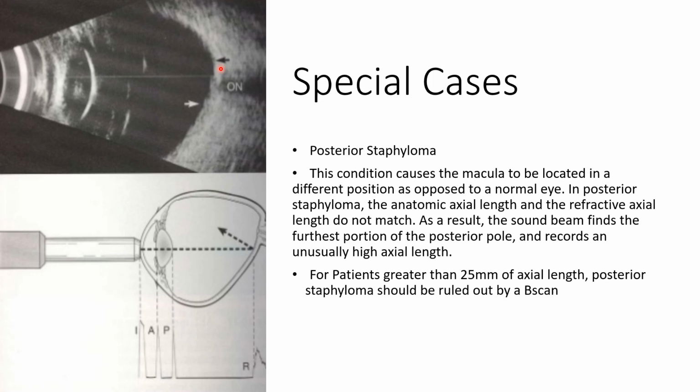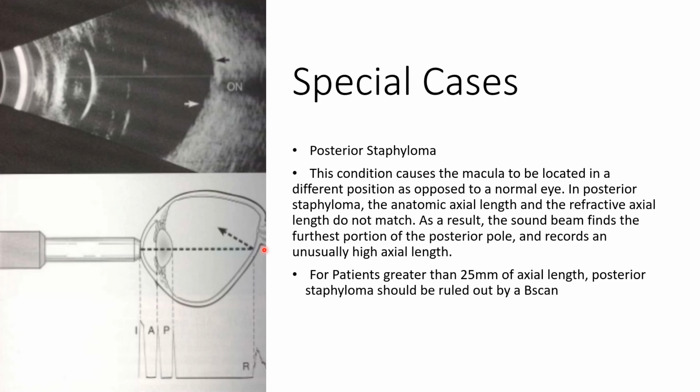In these cases, when you do an applanation A scan or an immersion A scan, you do not know that the patient has a posterior staphyloma, and the probe beam actually reaches the furthest point in the posterior pole where the fovea is not located. Therefore, you may tend to get a longer axial length than what it actually is.